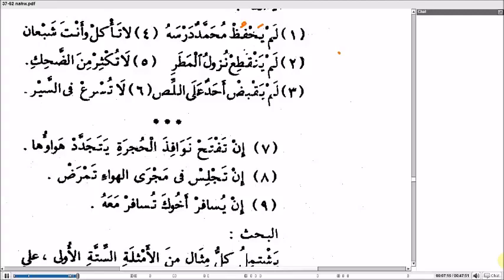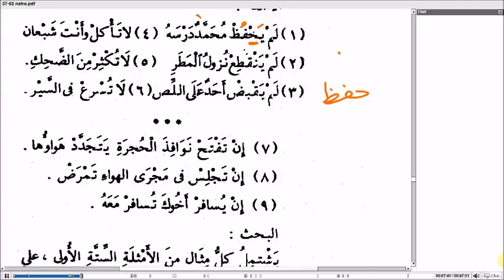So we have here, let's try to look at it, inshallah. Is that a kha? Yes. Here you mean? Yeah. Lam yahfadh, from hafidha. He didn't memorize his dars.